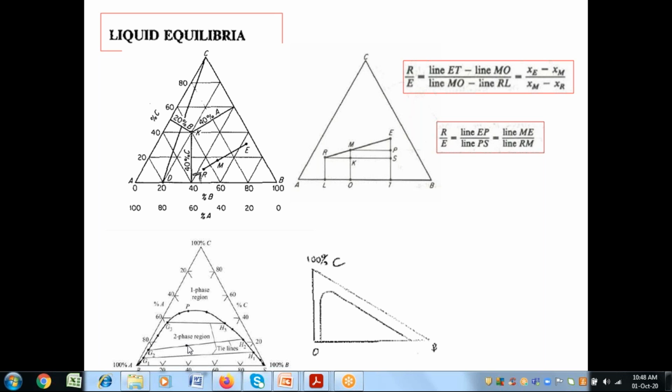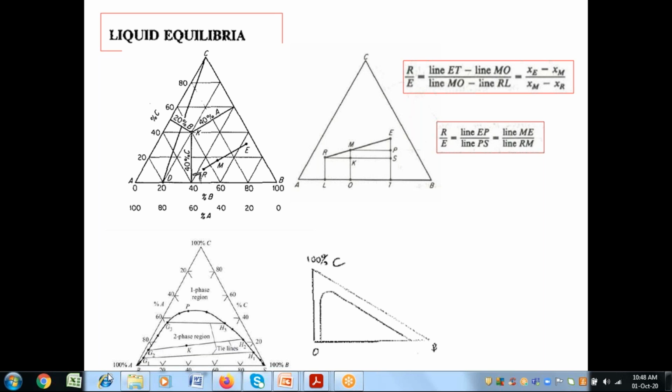Two different layers means each layer will have again A, B, C in different proportions. So the layer which is having more A will come this side, the layer which is having more B will come this side. So this can be added as a line which is called the tie line. This tie line is the equilibrium line, and it will be joining the two equilibrium composition mixtures.